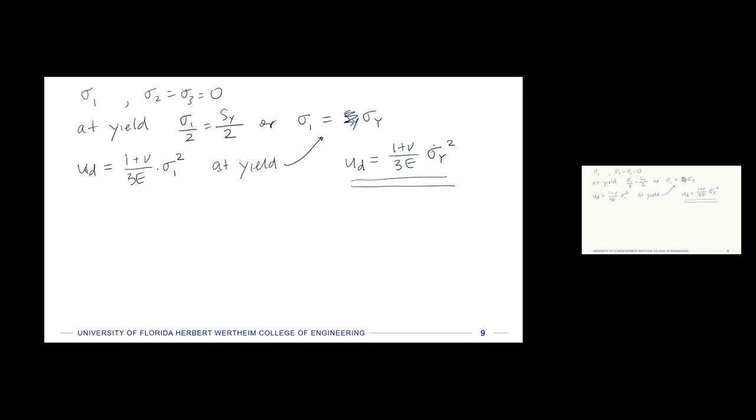I'm going to write that here really quick. So distortion energy from the prior slide was this combination of all the principal stresses squared, sigma 1 minus sigma 2 squared plus sigma 2 minus sigma 3 squared.